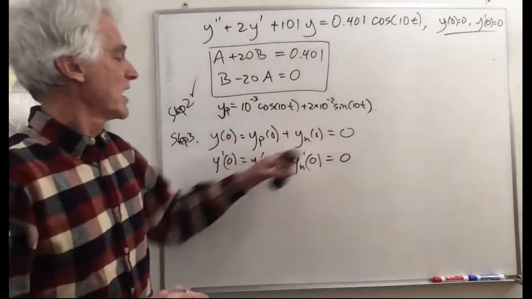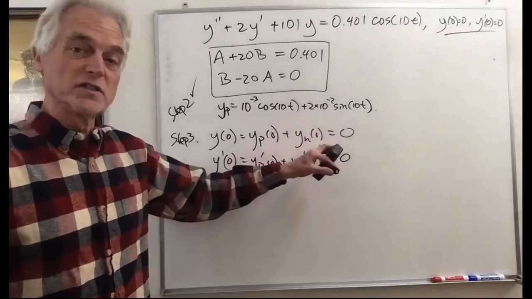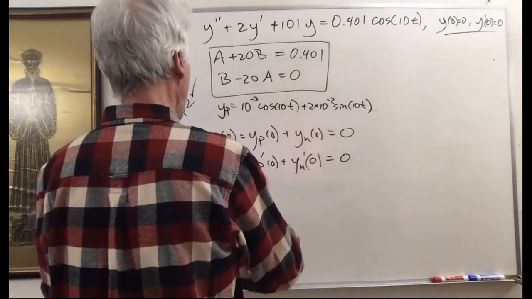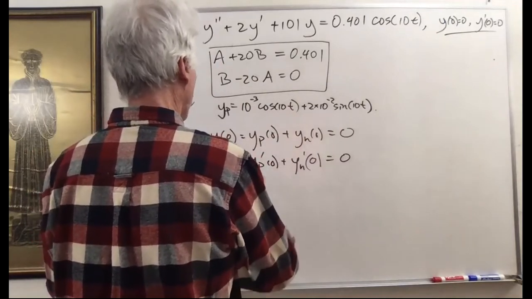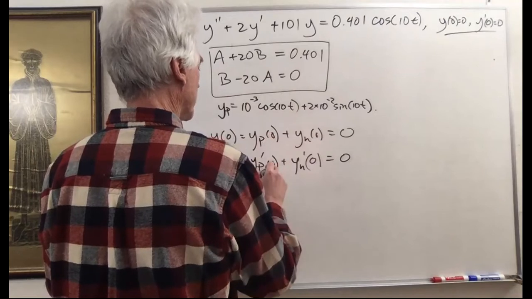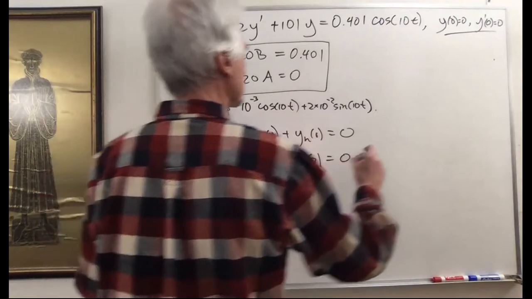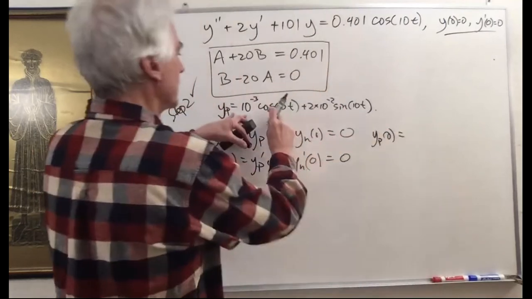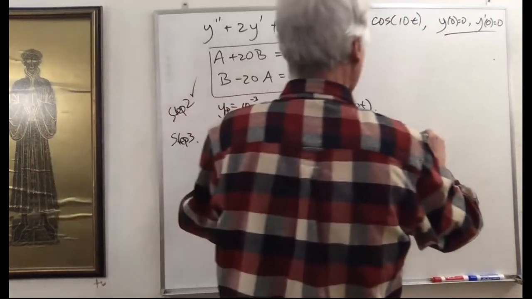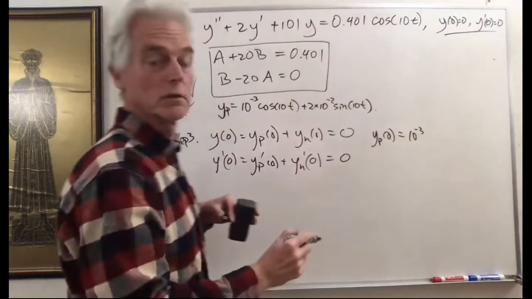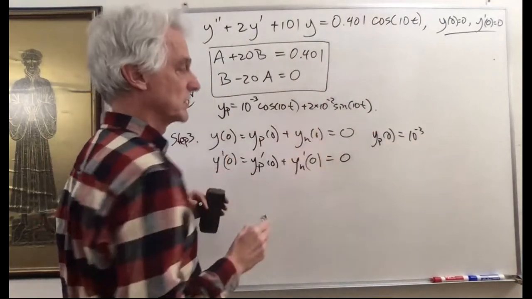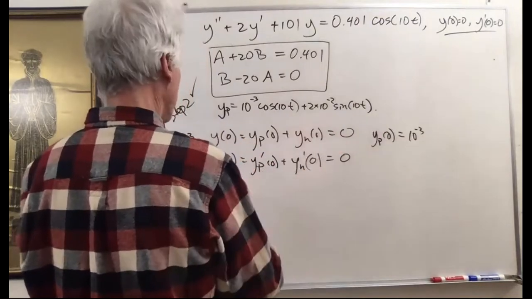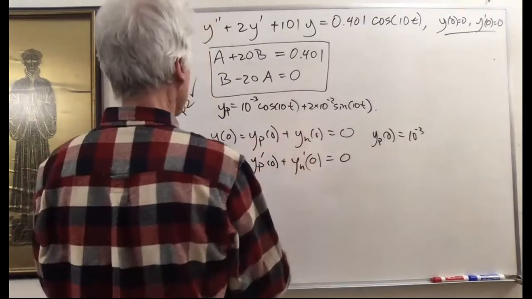So I'm going to have the constants C1 and C2 in this when I'm all done. But let's compute what yp of 0 is and yp prime of 0 is. Well, yp of 0 is just 10 to the minus 3, plus something times 0. We'll think about yh of 0 later. Let's get yp prime of 0.